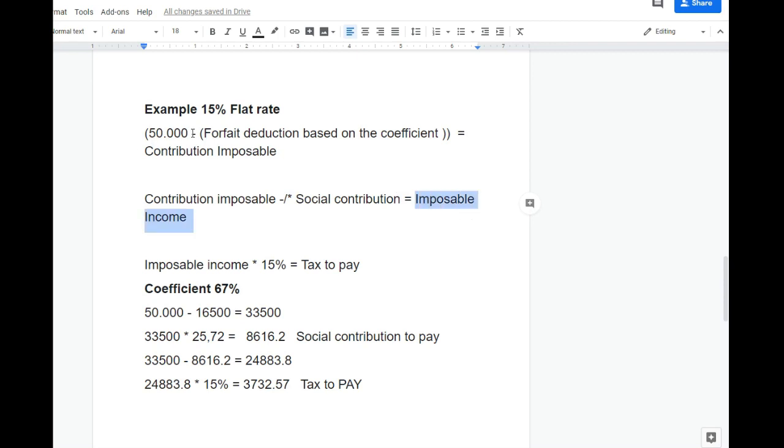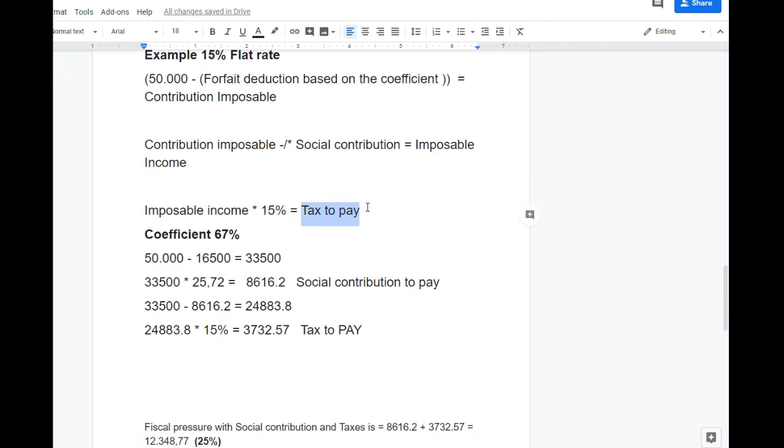So you first reduce your forfeit deduction, then you reduce your social contributions, and then you get the imposable income. And only after these two subtractions you will multiply the imposable income by 15%, and then you get the tax to pay. But let's verify with numbers.